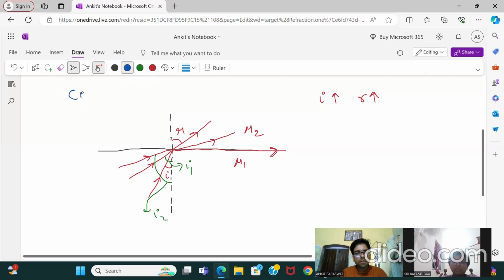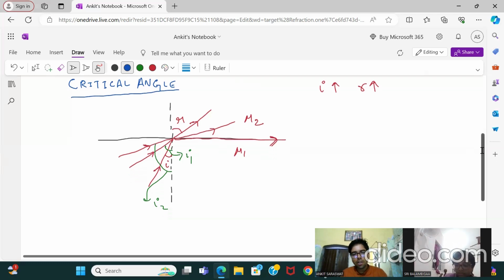Critical angle. Clear? This term is very important in order to understand this TIR, total internal reflection.